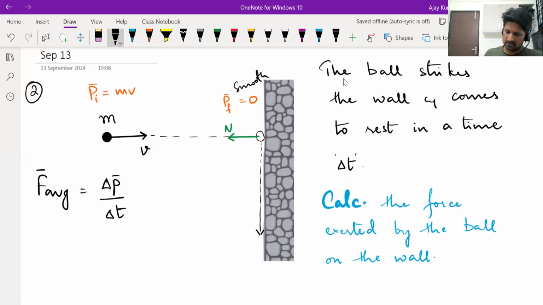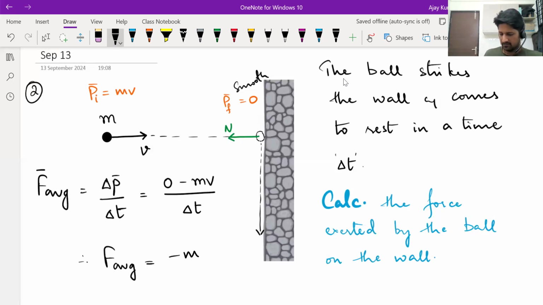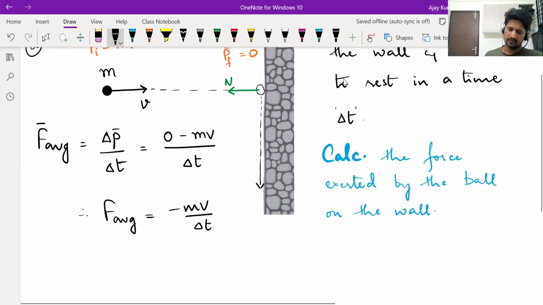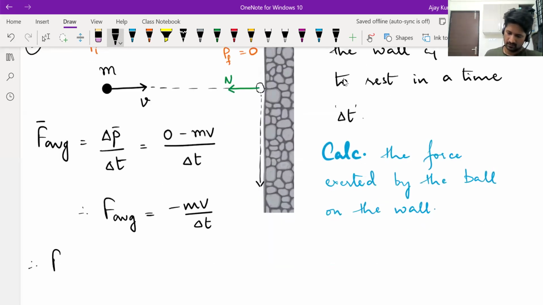Okay. So what is the change in momentum of the ball? Final is 0. Initial is mv, divided by how much time did it take? It's given to you in the question that it takes a time delta t. Therefore, the average force on the ball is minus mv by delta t. Why minus? Because it is to the left side. Then average force on the wall will be to the right.